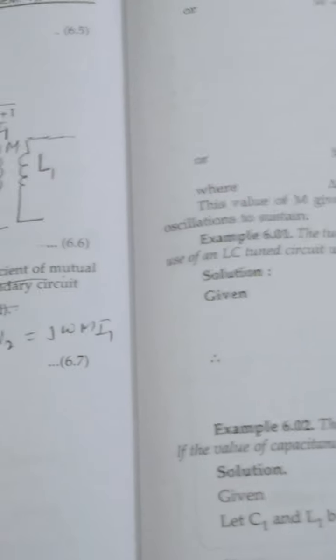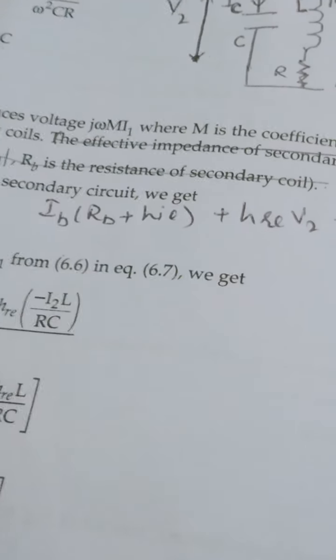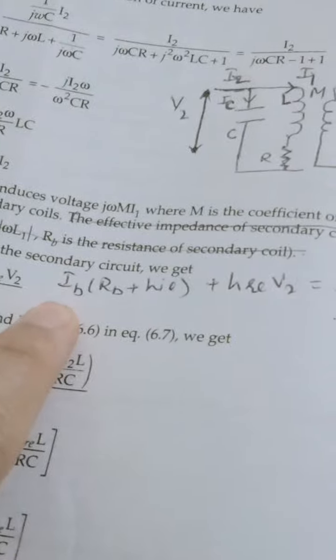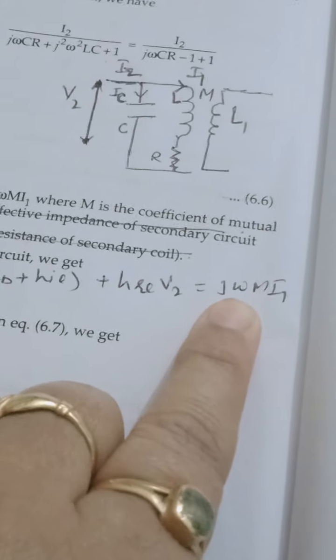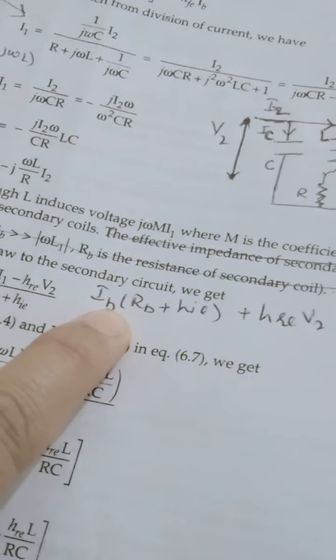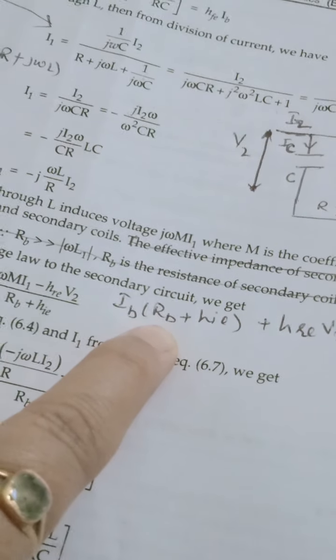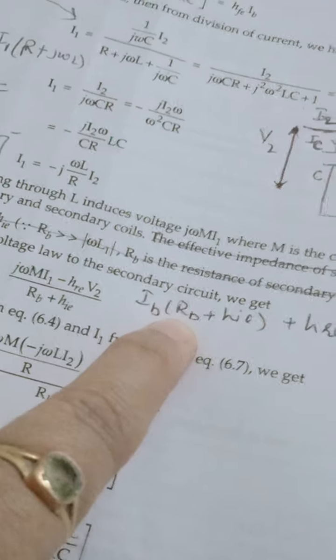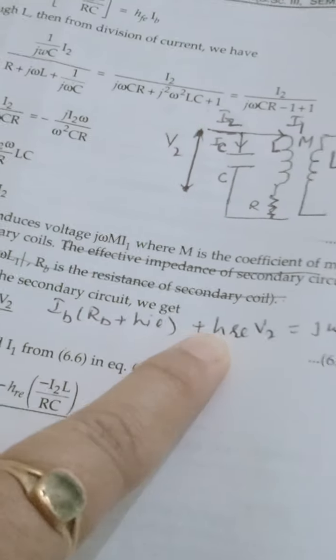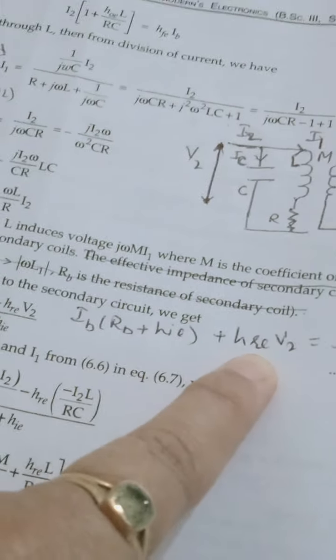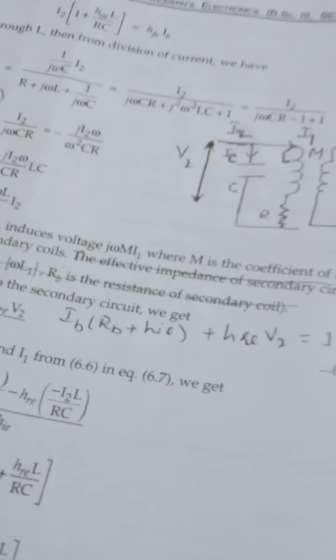Okay, so this can be written in a very simple way like this, that the total voltage is iota omega M I1 and the voltage developed due to current IB through the series combination of RB and HIE, which is equal to RB plus HIE, plus the voltage source factor which is equal to HRE plus V2.